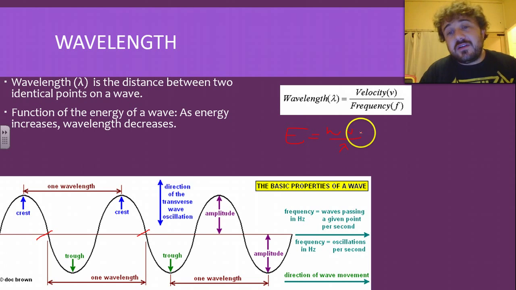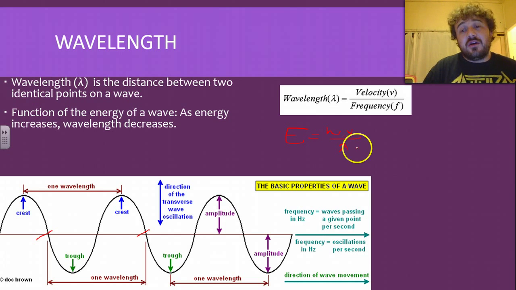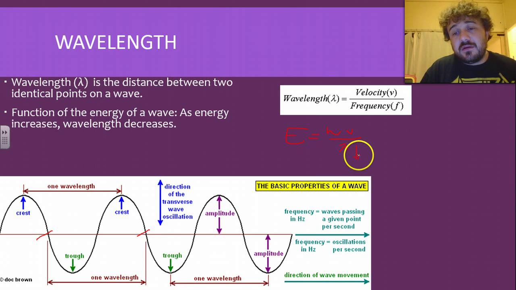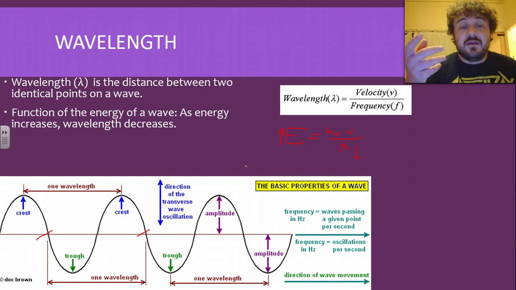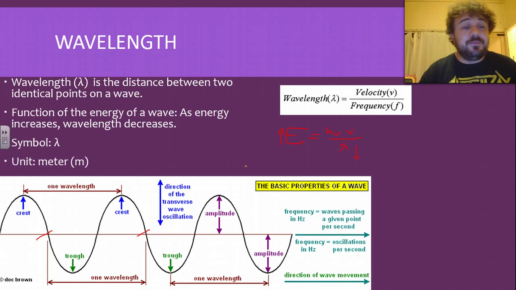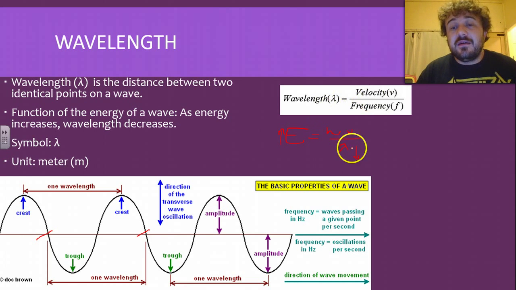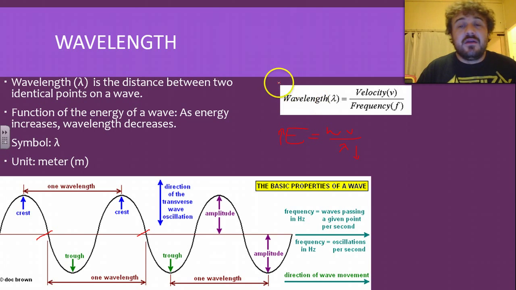All you really need to know is that as the wavelength goes down, a smaller number, this number here will go up. So as energy increases, wavelength decreases, or as wavelength increases, the energy decreases. So it's a measure of the wave. The symbol is lambda, and the unit is the meter. You don't need to remember this, but you do need to know this formula here.